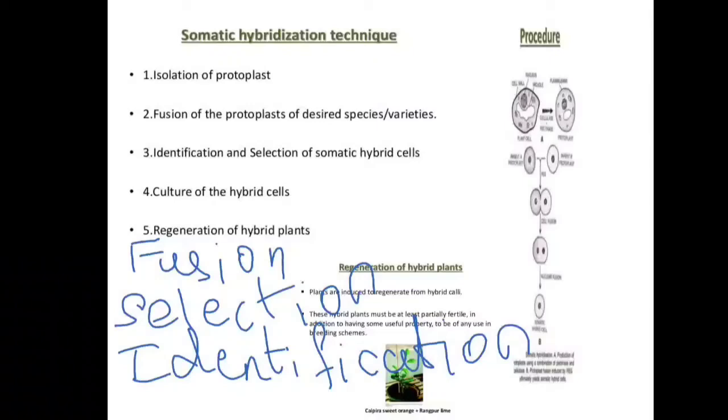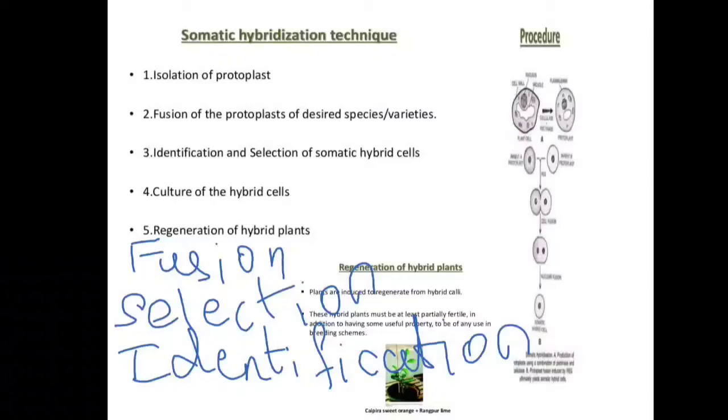So fusogens, as I said, are polyethylene glycol, NaNO3, and Ca2+. So these are the fusogens which cause the induced fusion in the protoplast. In the adhesion process, the fusogens applied are PEG, that is polyethylene glycol, and a high pH is applied here, then Ca2+ is applied.